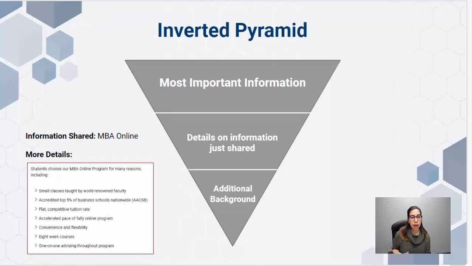So it's small classes, there's the accreditation, the AACSB accreditation, 8-week courses, and everything's separated into bullets just so that it's easier to digest. So if you have emphasis areas, career possibilities, or anything that could be bulleted, I definitely encourage you to have that second section, the details on information just shared, kind of bulleted out, just so that, again, it's easier to digest right off the bat, especially with a skimming audience.